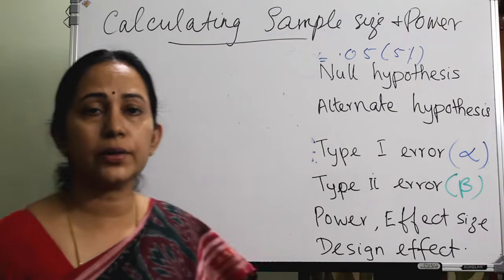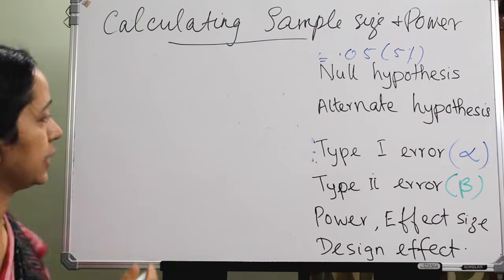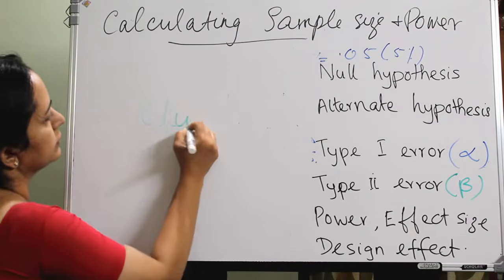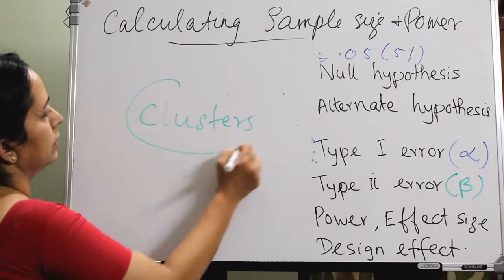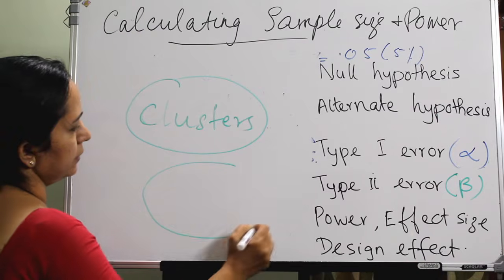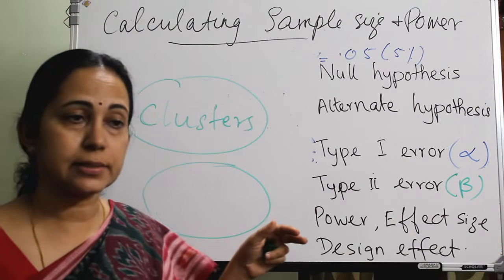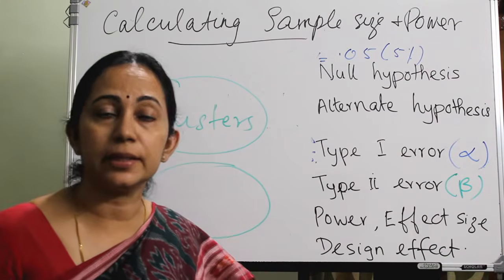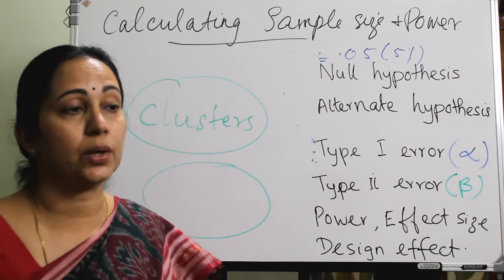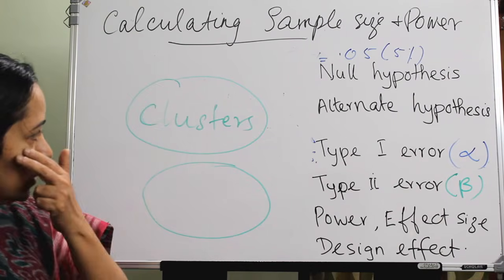Okay. While talking on sampling methods, I told you about clusters. We make the whole population or the universe into multiple clusters, and this geographic clustering makes the study easier to perform and also low cost to perform a study.